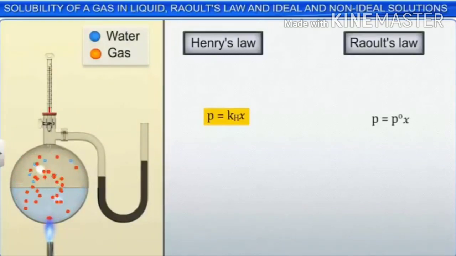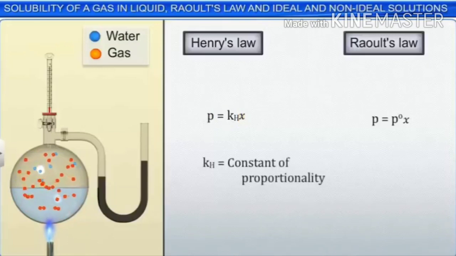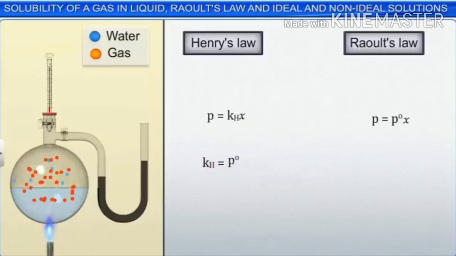As can be seen from the equation, the partial pressure P of the highly volatile component or gas is directly proportional to the mole fraction x, and KH is the constant of proportionality, which can be equated to P⁰. In other words, we can say that Raoult's law is a special case of Henry's law.